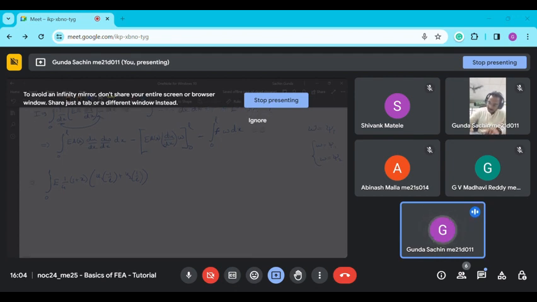For these two cases you will get two equations. So for w equals psi 1, dw by dx will be minus 1 by l, dx.